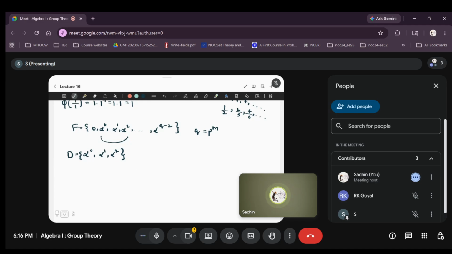Maybe by adding a few elements, that will give you a field, a smaller field than the original field you started off with. Is that okay?